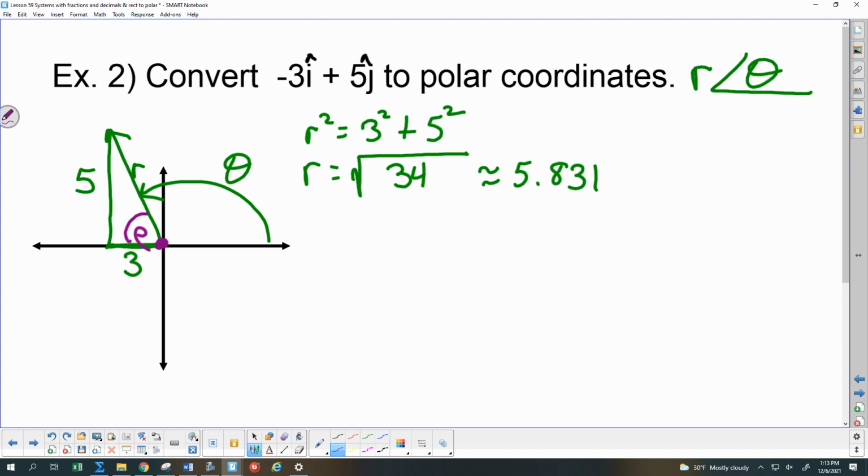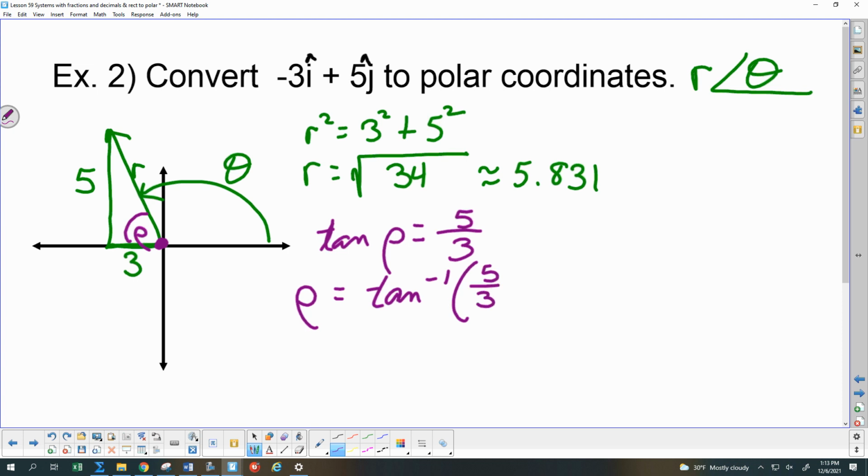Amelia? Tangent, because it's opposite and adjacent. So I can write down that the tangent of rho is the opposite over the adjacent, 5 over 3. Since I need an angle, take the inverse tangent of both sides and be sure inverse tangent goes on the left and 5/3 goes on the right.